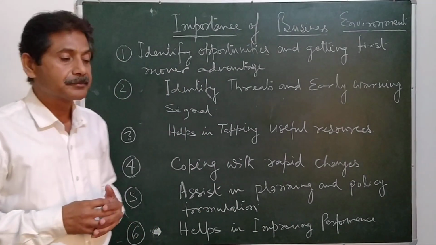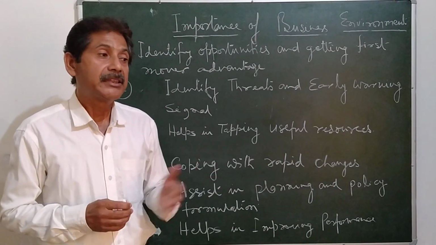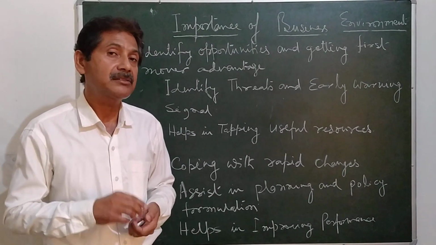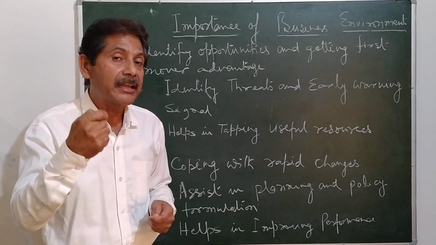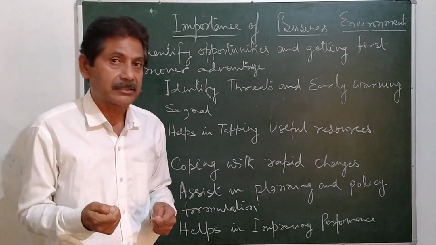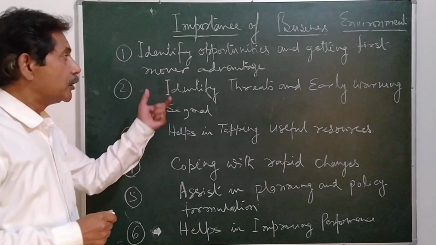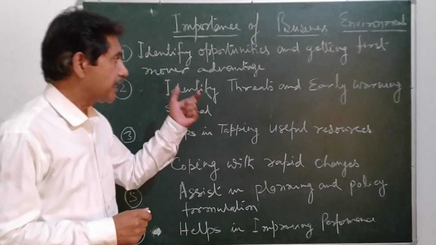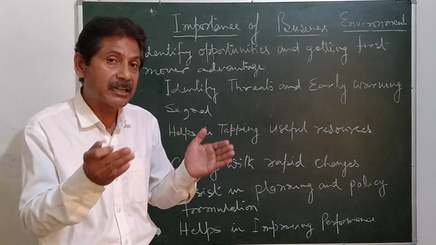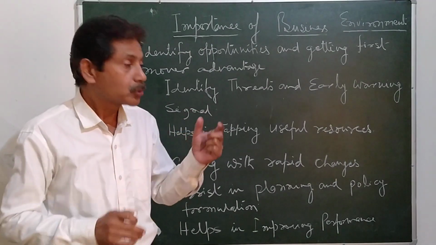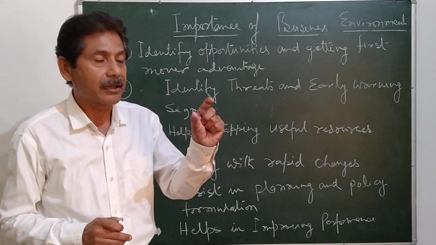Say for example, patients of migraine have an aura. Aura means they come to know that a migraine is going to attack in a very short span of time. In the same way, you have to identify what the threats are, and similar warning signals are given to you. So you will have to identify what the warning signals are.